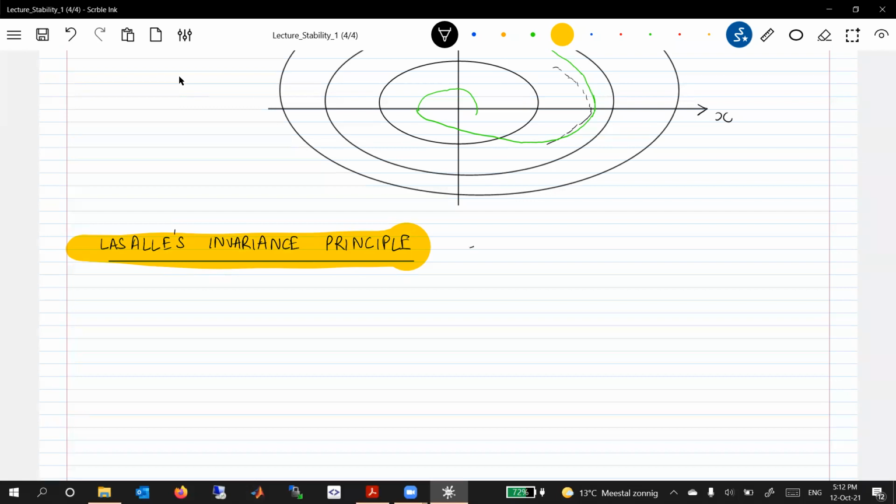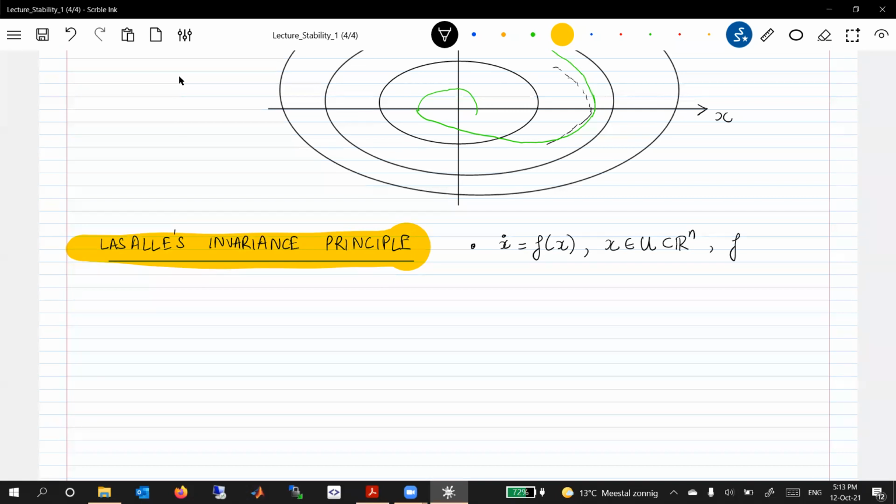So the setting is the following: given a dynamical system, x dot is f of x, so it's an autonomous system, and we are looking at trajectories which are contained in an open set U, a subset of the phase space.